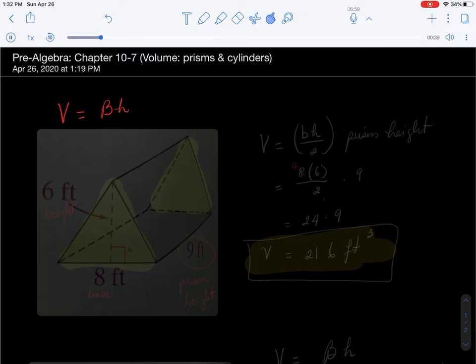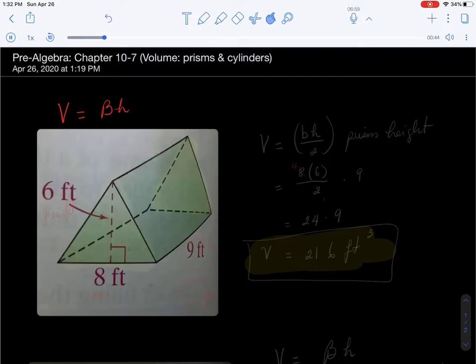For example, we have this triangular prism, okay? This triangular prism has a base. Okay, there are two bases here.